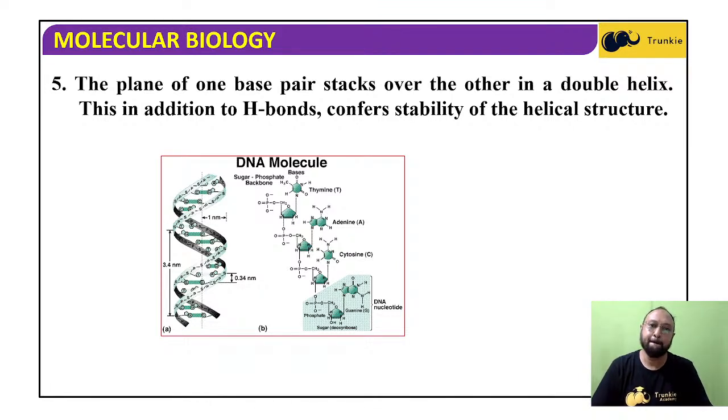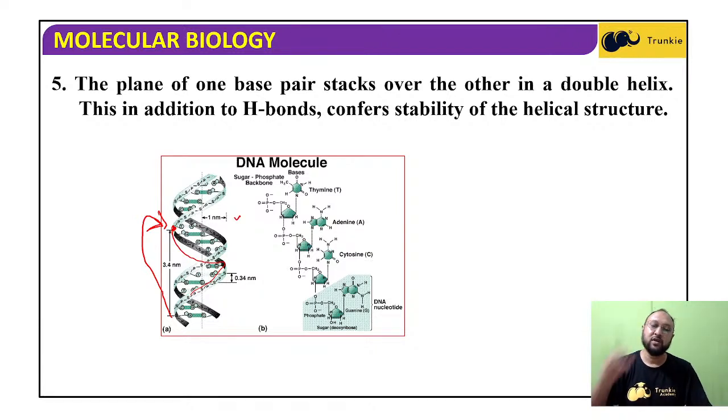Now you can see here, this is the 1 nanometer distance that has been shown, and this is the 3.4 nanometer, one turn. It starts from here and goes through one turn up to here. So in one turn it has a distance of 3.4 nanometers, and the 10 base pairs are present in these 3.4 nanometers.